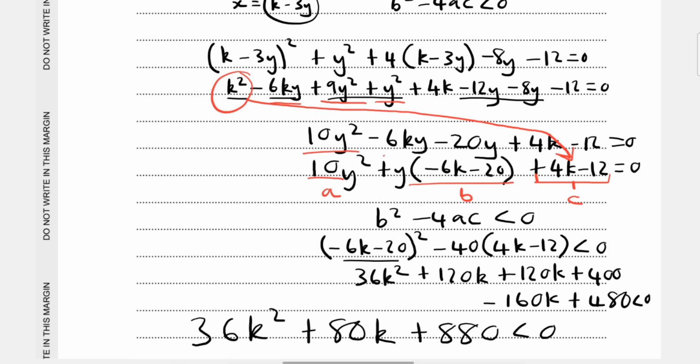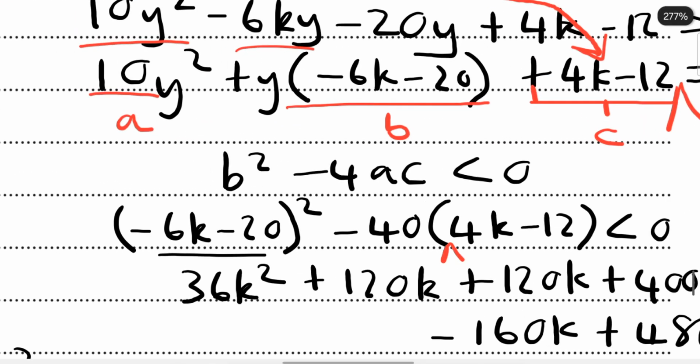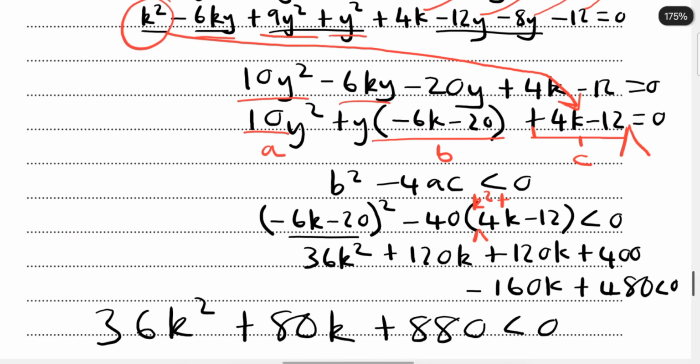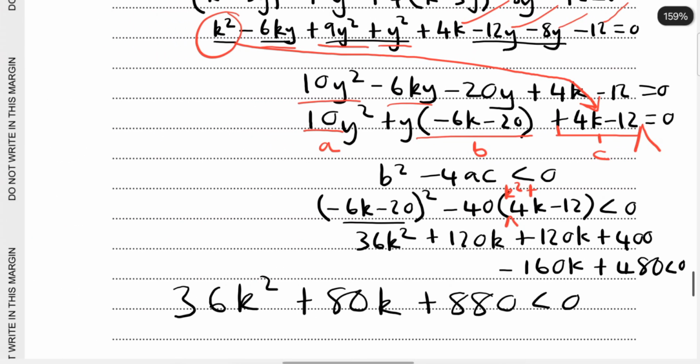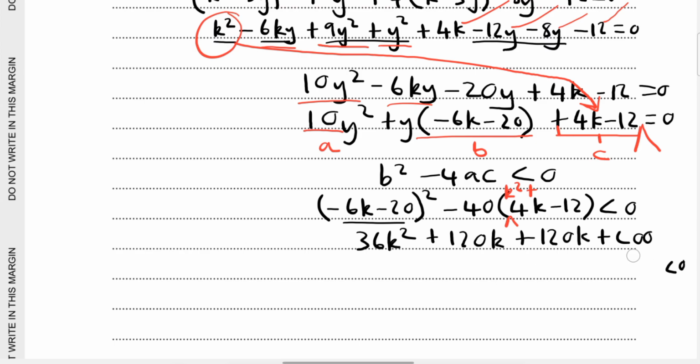Then this minus 6ky is there, then 4k is there, minus 12y is there, minus 8, then minus 12. So this was supposed to be there, so it's k squared plus 4k minus 12. So it means it was also supposed to be here. It's k squared plus 4k minus 12. So I think that will give us better numbers.